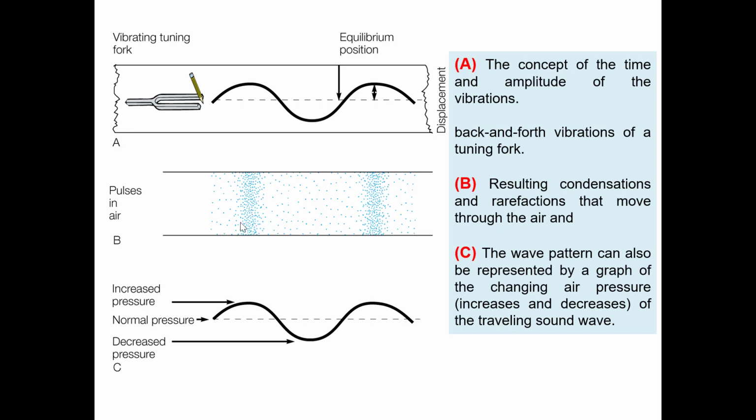In this case, we can see the condensation regions correspond to the maximum amplitude from the equilibrium position, but the expansion regions correspond to the maximum amplitude in the opposite direction from the equilibrium position.